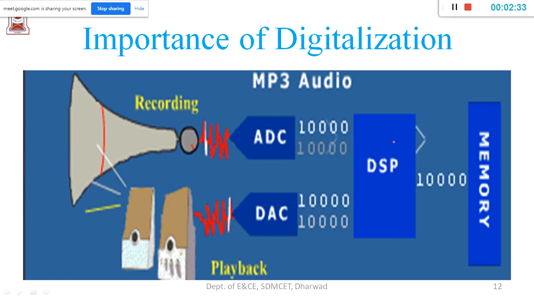If I have a voice or audio signal in my mobile phone, and later I want to transfer that data to some person, then from the memory, the DSP processor fetches that particular signal. Whether you store it in MP3 format or MP4 format, everything is data, and that data is nothing but signals.